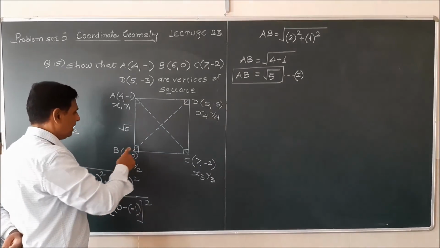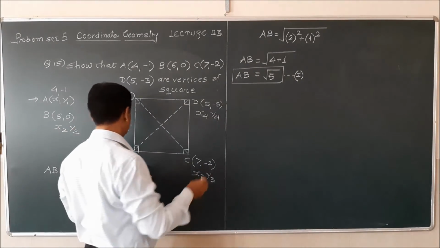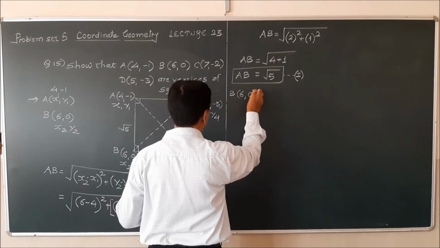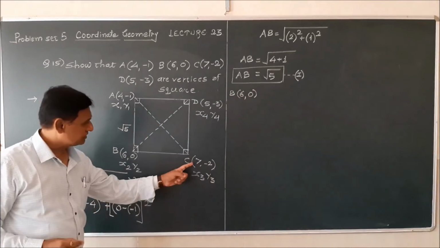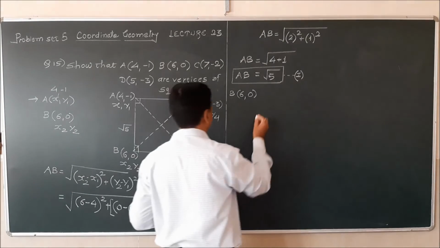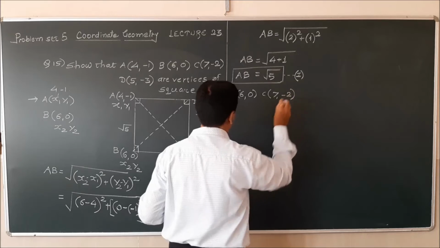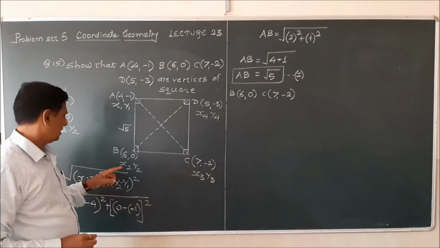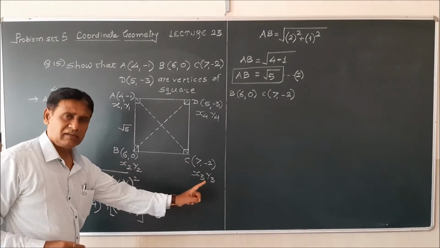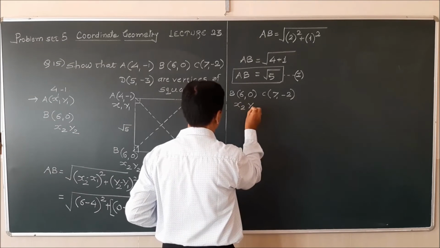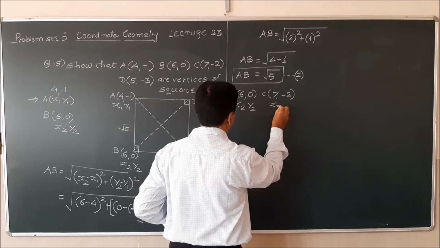4. So AB, BC. Now coordinates of B, 6 comma 0. Coordinates of C, 7 comma minus 2, as well as x2, y2, x3, y3.